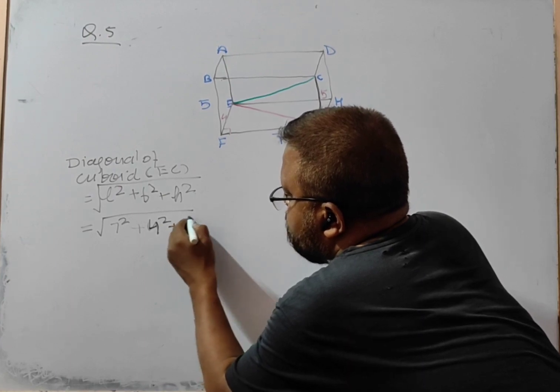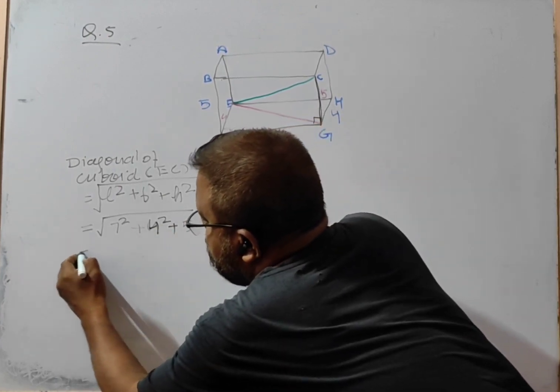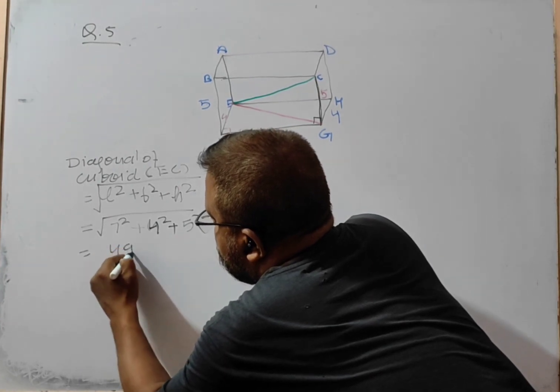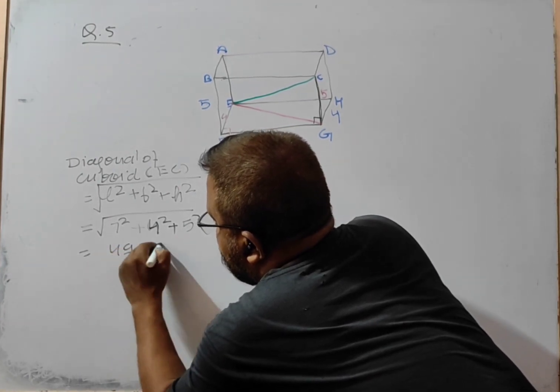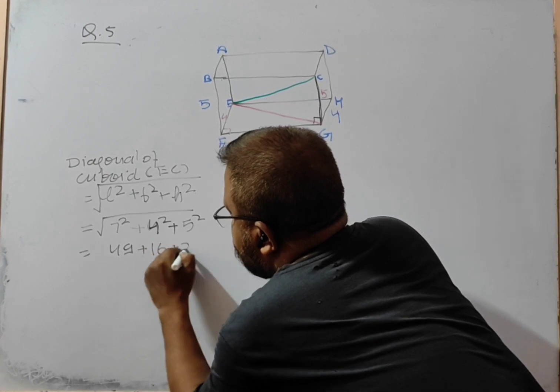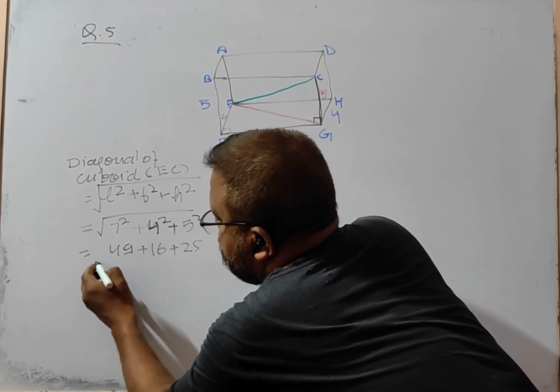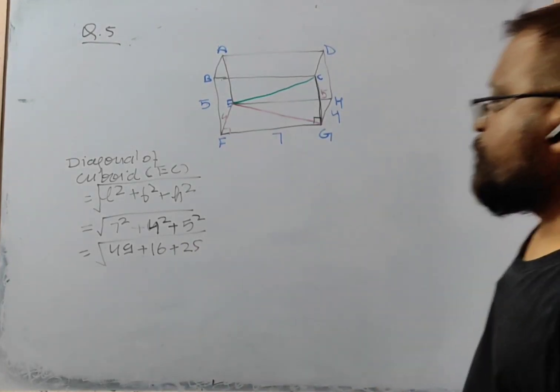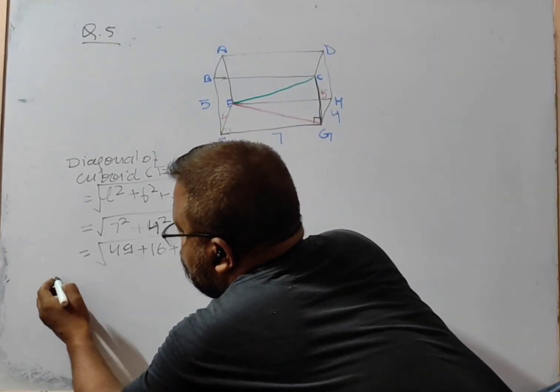So 7 square is 49, 4 square is 16, plus 5 square is 25. We take the square root of all this.